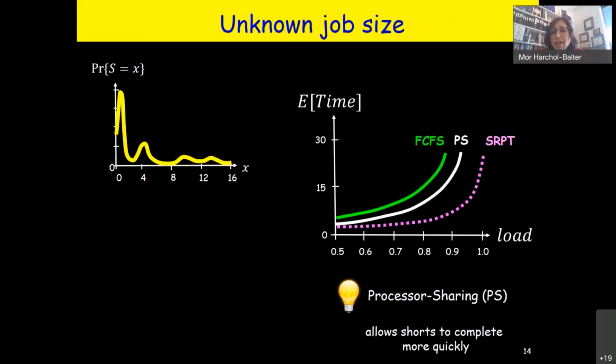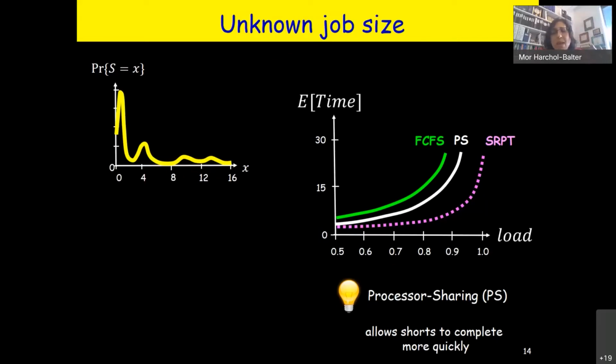Processor sharing is a very, very simple policy. You time share the server. And without knowing anything about size, it allows the short jobs to complete more quickly. So if you're allowed to preempt and you can do processor sharing, then you don't need to know the size and you're already getting a big benefit. These curves are just shown for this particular arbitrary distribution, but there are distributions for which the improvement is even bigger.